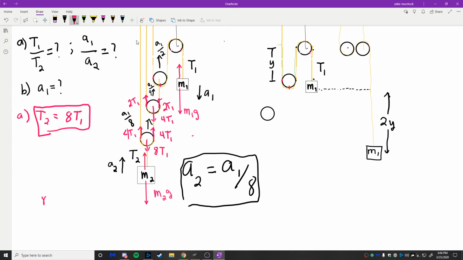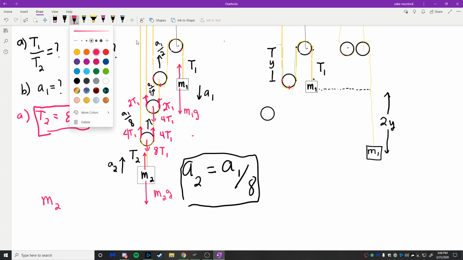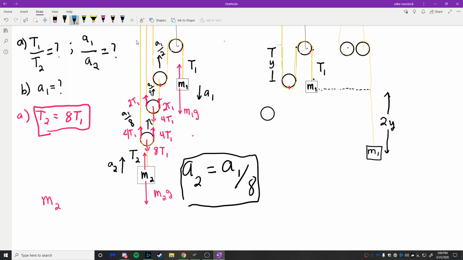So for M2, let's use blue. So for M2, we're going to say that the net force acting in the y direction should be equal to the mass of M2 multiplied by its acceleration, which is A2.